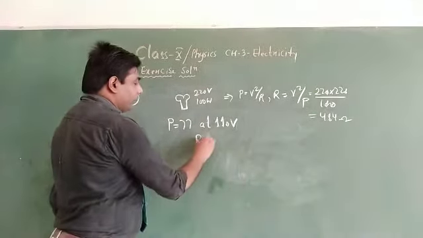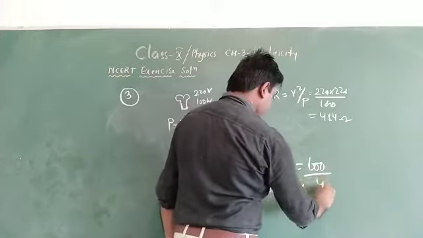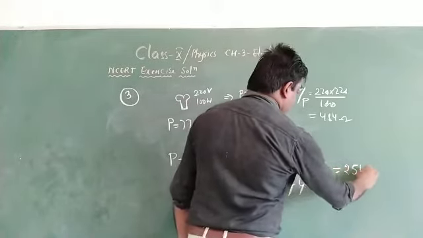In the second case, power is equal to V square by R, now voltage will be 110 and resistance will be the same. So power will be 25 watts.